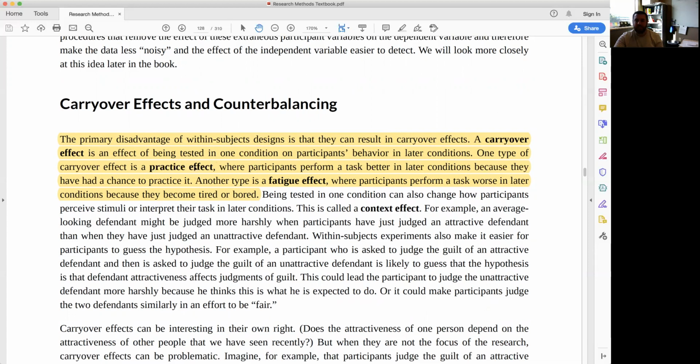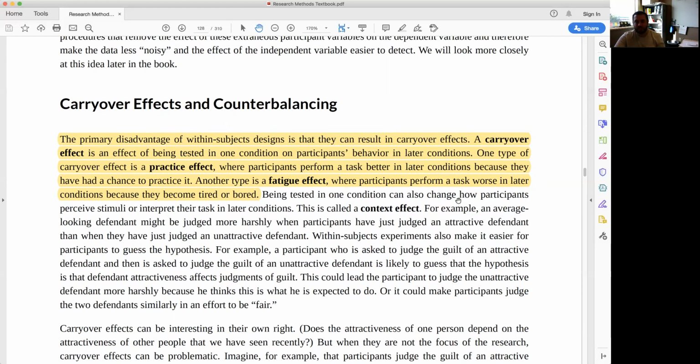That's a carryover effect, where participants just perform a task better in later conditions because they've had a chance to practice it. So this could be something like a memory task or a skill-based task that if you ask them to do something a couple different times under different conditions, you're probably going to see improvement, but it's not based upon the condition anymore. It's just based upon the fact they've done it already or a variation of it already.